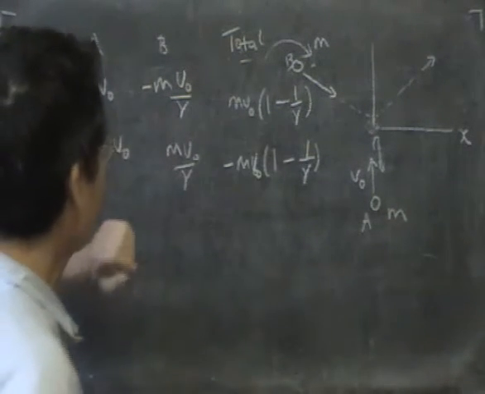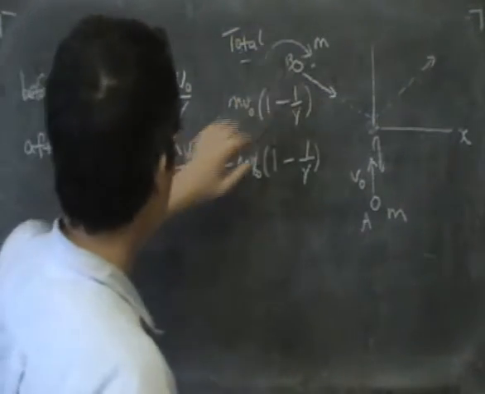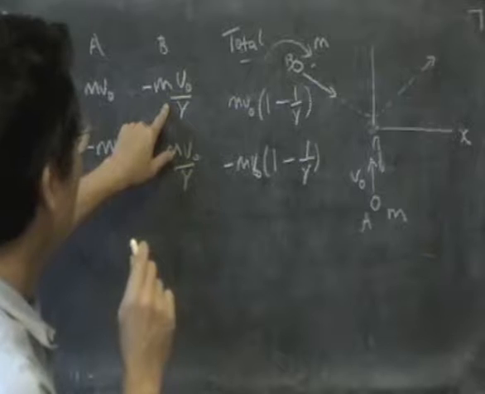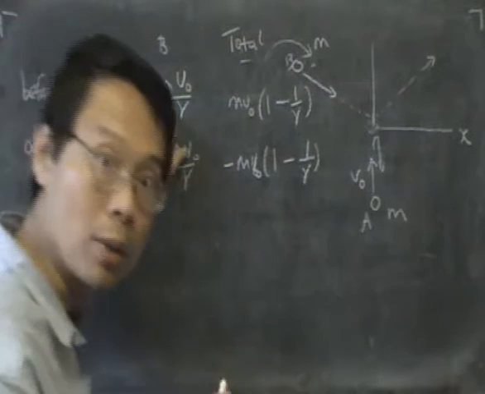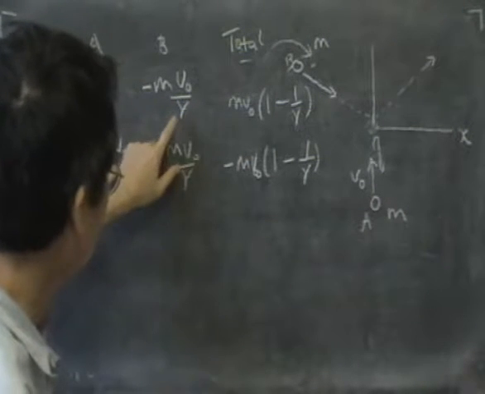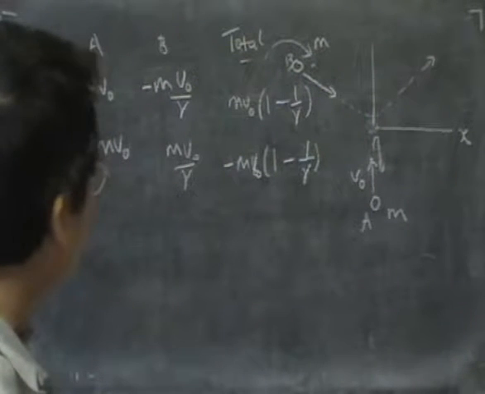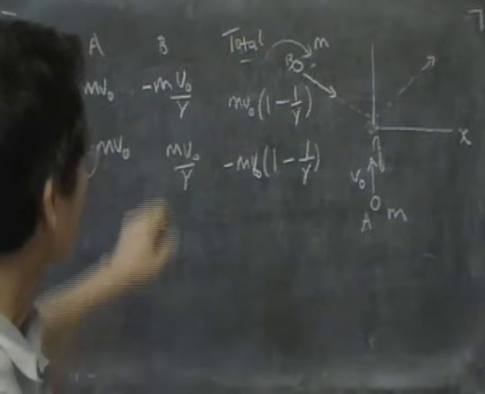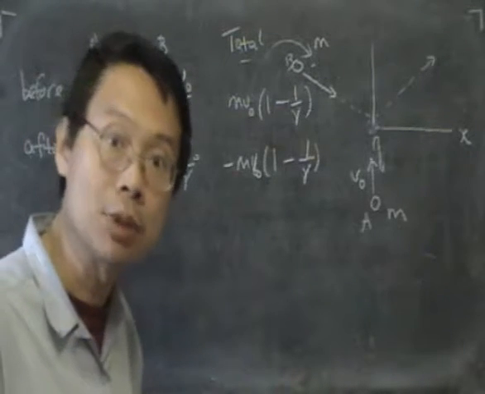What we have seen is that in this term for B, the velocity of B is slower because of the time dilation. That's why you have the over gamma down here. Now the idea is to think of this as because the mass has increased.